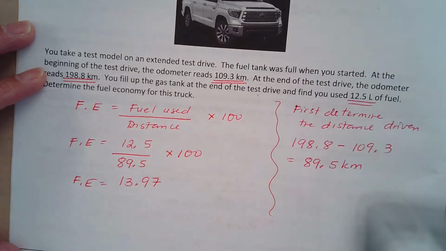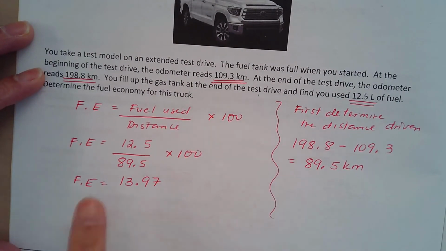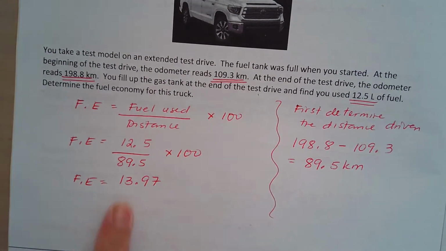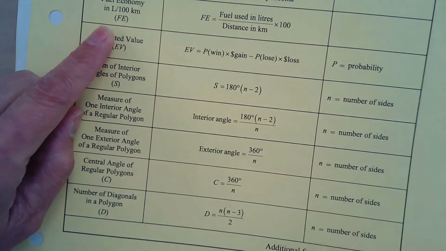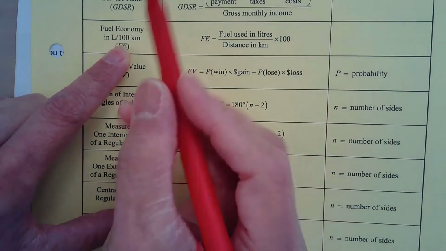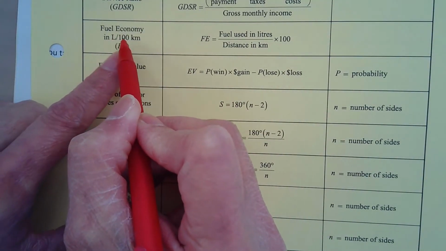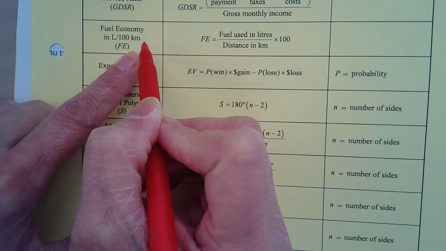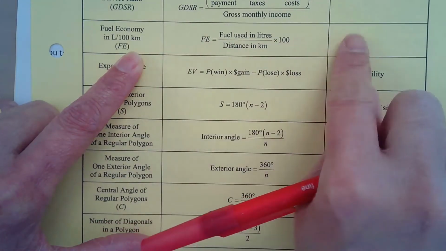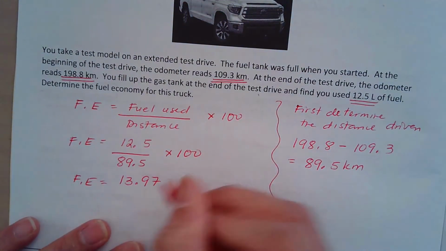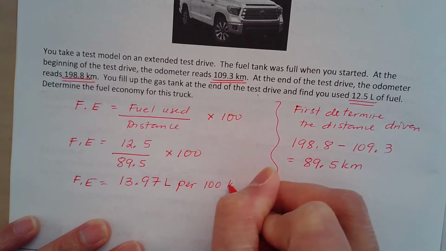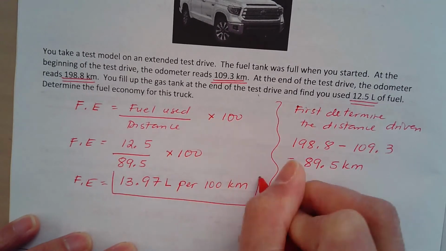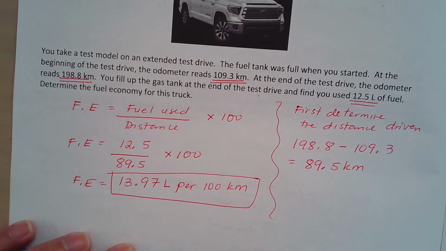13.97. And how do we write the unit for this? Because it's fuel economy, the unit is liters per 100 kilometers. I want to make sure that we remember this part. It's 13.97 liters per 100 kilometers. You okay?